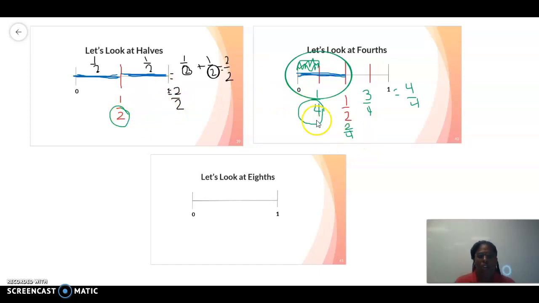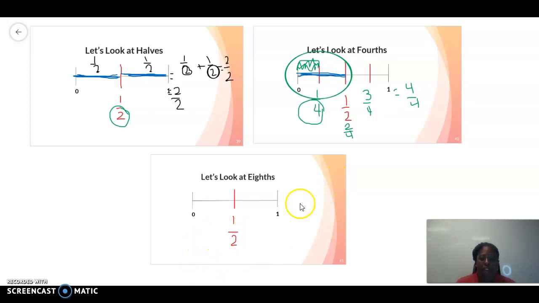Okay, so half of 8 is what? 4. Exactly. So we're going to first find our midpoint on our number line. And you're going to find another fraction that is equal to 1/2.